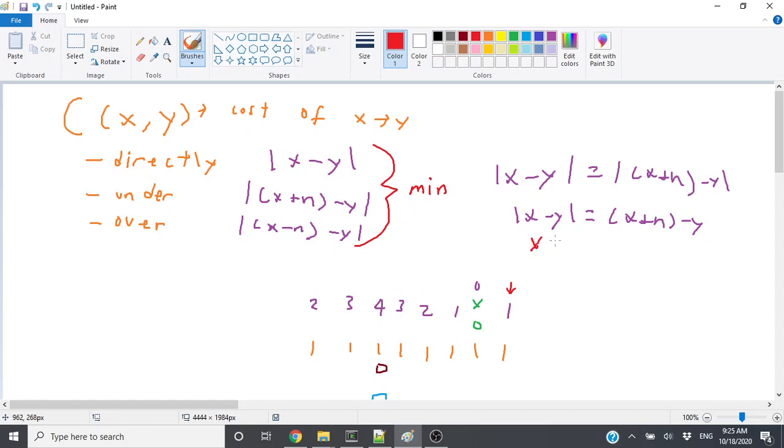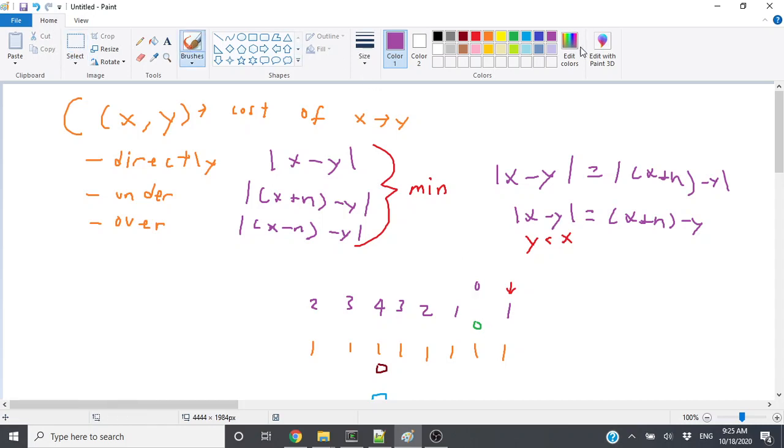So now we can assume y is less than x, or less than or equal to, I guess, but basically y is less than x. So therefore, wait, that's not right, is it? No, I'm confusing myself.